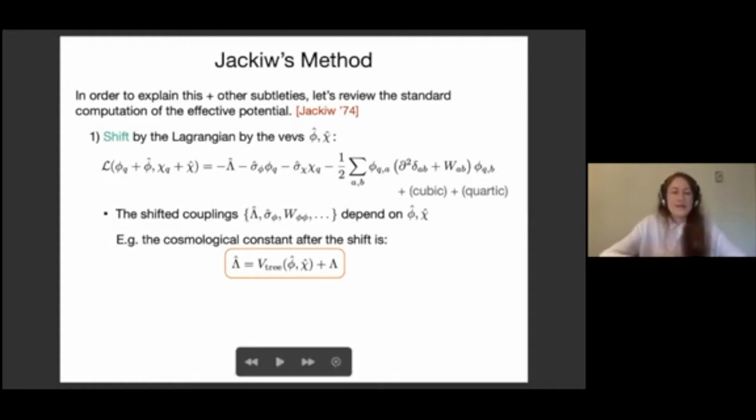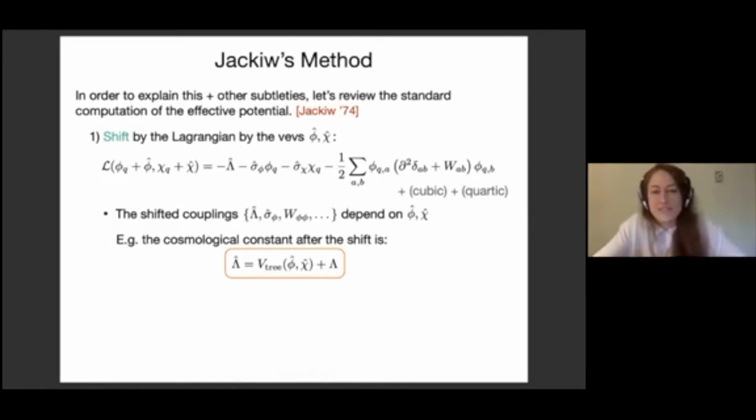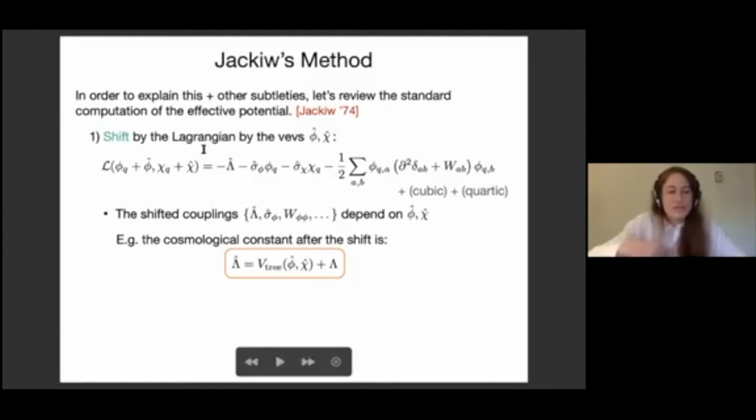So step one, shift the Lagrangian by the vevs phi hat and chi hat. I start with my UV Lagrangian, which I wrote on the previous slide, and I'm going to shift phi to phi quantum plus phi hat, and similarly for chi.